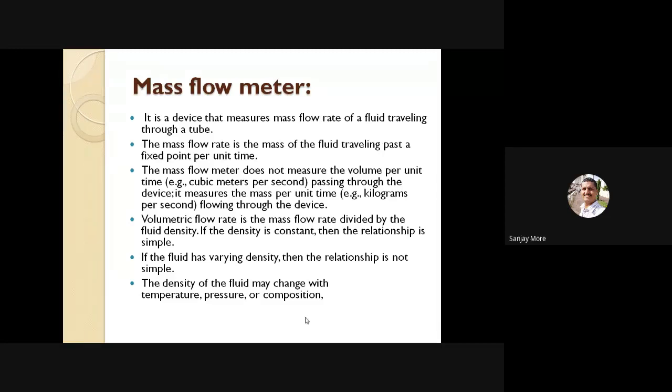Okay, the mass flow rate is the mass of the liquid traveling past a fixed point per unit time. Write down 2-3 points under the mass flow meter. It is a device that measures mass flow rate of fluid traveling through a tube.